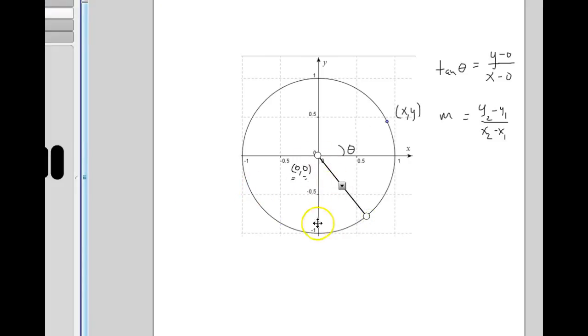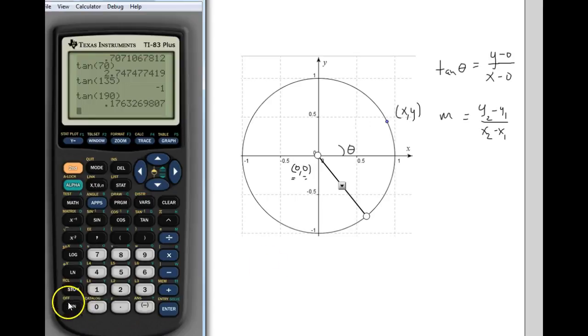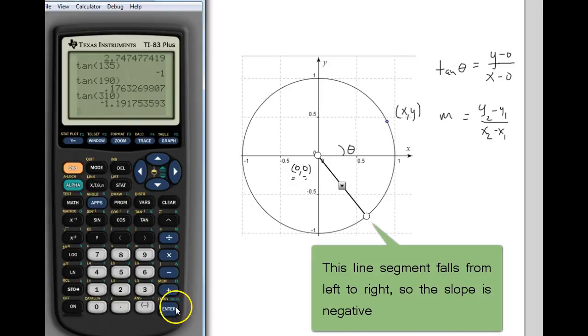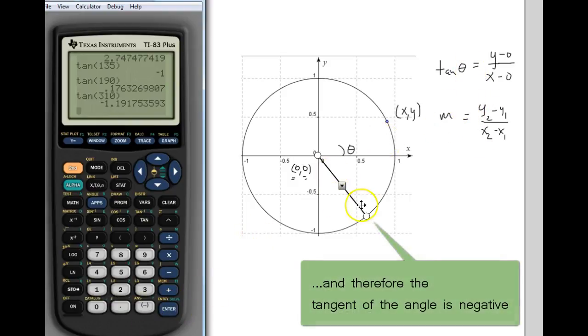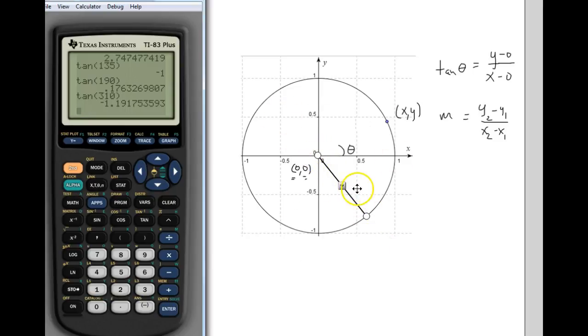This is 270 degrees, so 90, 90, 90, that's 270, so something bigger than 270, but not quite 360. So something like the tangent of 310, just to have a number in that range. You see we're back to negative. So the tangent is the slope of the line segment that connects the center of the unit circle to a point on the unit circle.